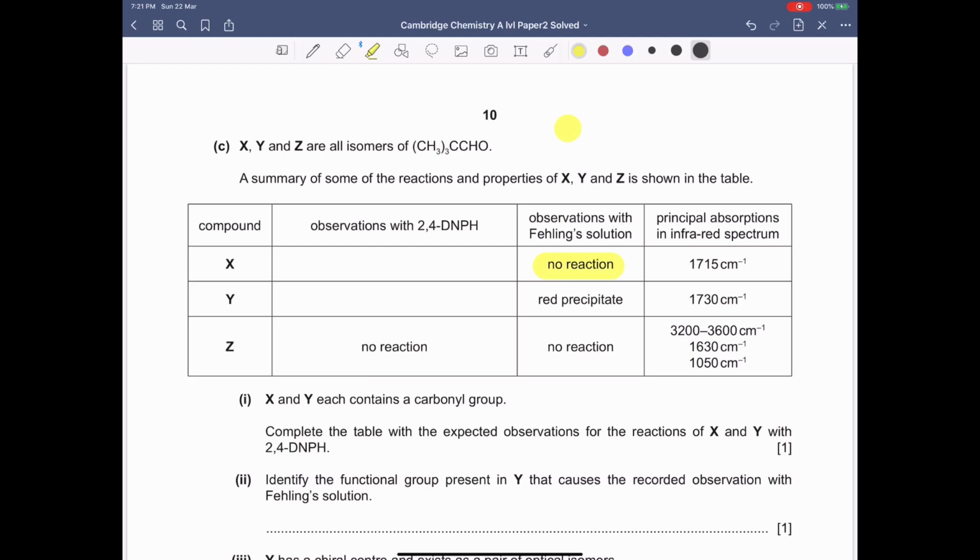And then we see an infrared absorption at 1715 cm-1. Usually 1715 cm-1 is a C=O double bond. So if there is a C=O double bond but no reaction with Fehling's solution, and since there is only one oxygen, this must be a ketone, and cannot be an aldehyde. So the observation with 2,4-DNPH should be an orange precipitate.